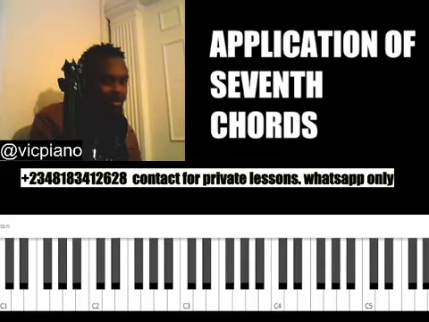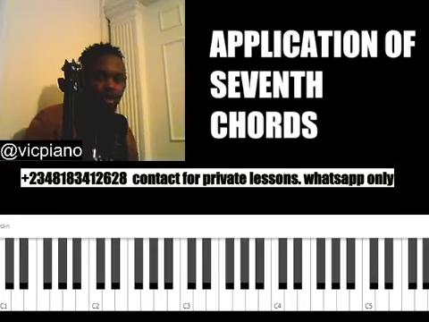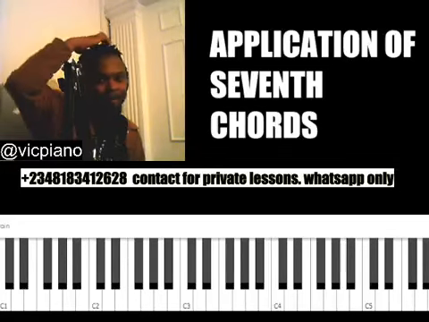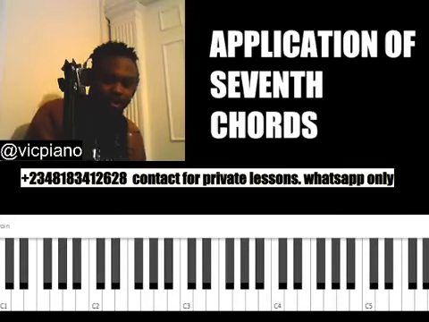Whatever 7th chord you use as a passing chord to a particular progression, it's going to enter. You understand? But when you get to the progression itself, maintain the original chord formula as it is supposed to be, so that you don't make mistakes. You understand? So this is how you can apply 7 chords and make 7 chords more interesting and beautiful.